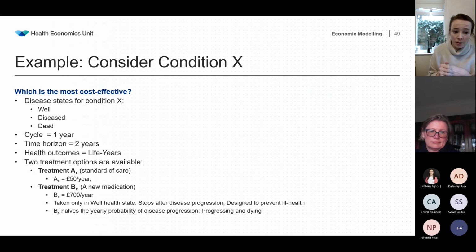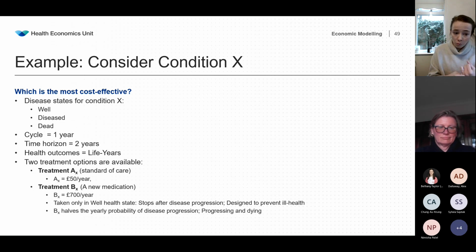We're going to do another quick example where we look at which is the most cost effective between two treatments. Get your paper and pen or Excel or whatever you've used back out and draw a simple version of a Markov model where you have three disease states: well, diseased, or dead.